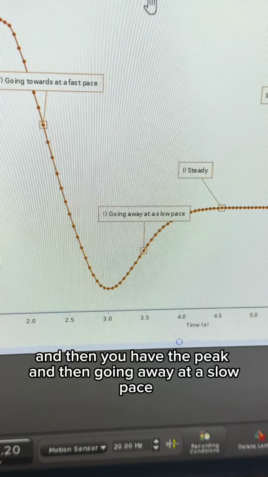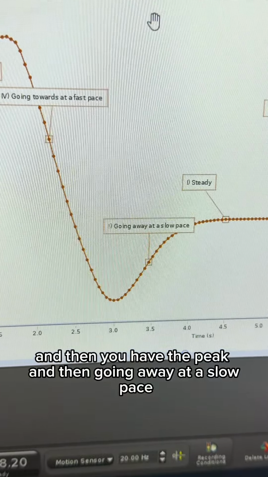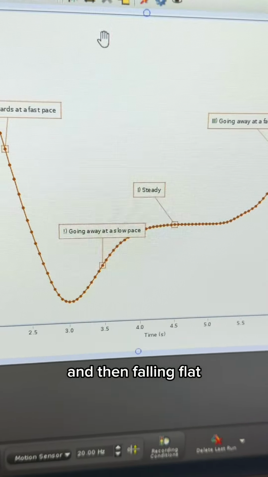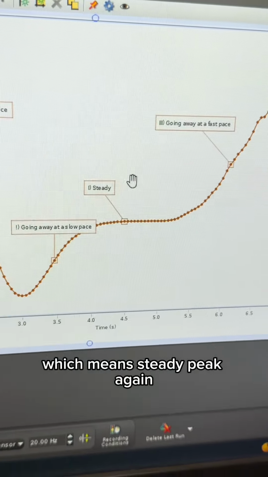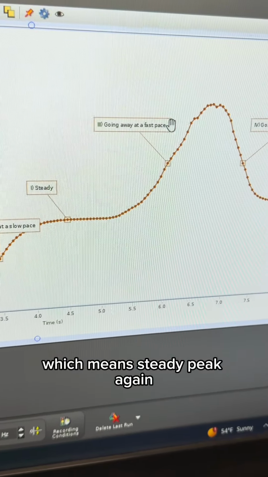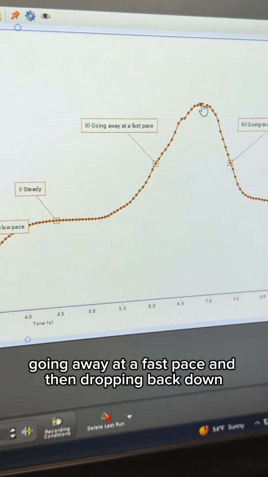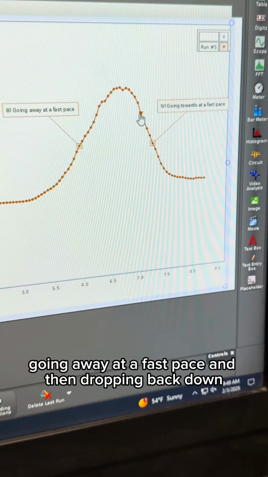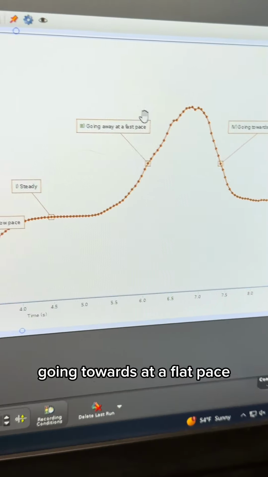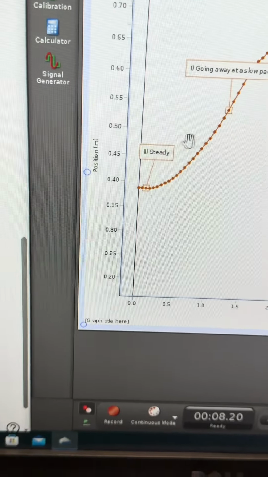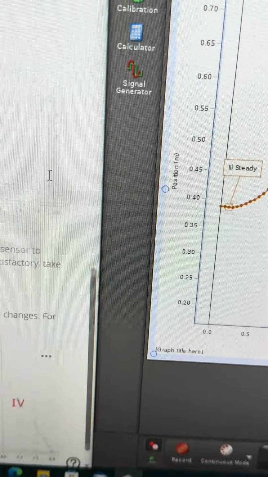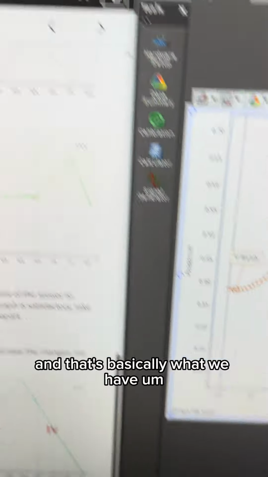Then you have the peak and then going away at a slow pace, and then falling flat, which means steady. Peak again, going away at a fast pace, and then dropping back down, going towards at a fast pace. And that's basically what we have for this.